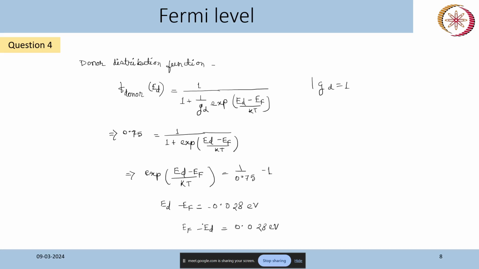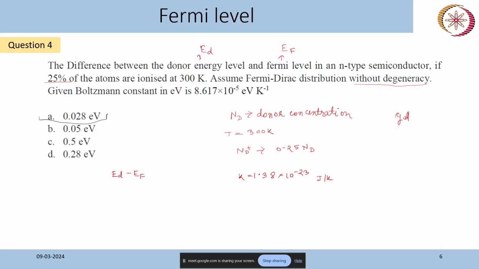So this is our answer. Let's go to the question. So here our answer is A, 0.028 electron volt.